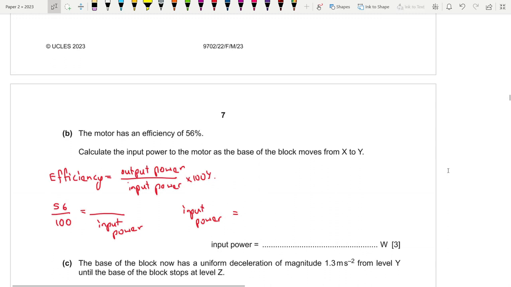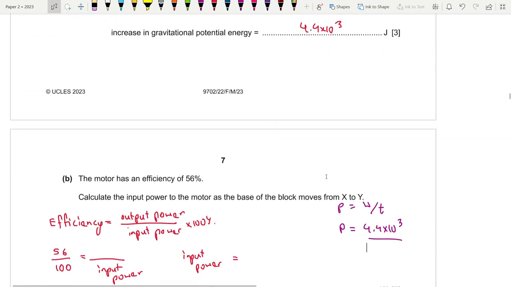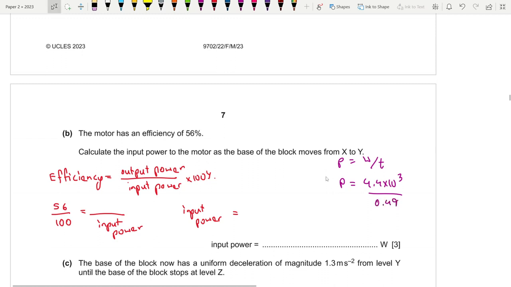Basically the first one is using the basic formula of power is equal to work done by time. So if I do use this, I can find out the output power. How? The work done is 4.4 times 10 to the power 3, while the time taken is 0.49 seconds. So if I solve this, I get an answer of 4.4 into 10 to the power 3 divided by 0.49.